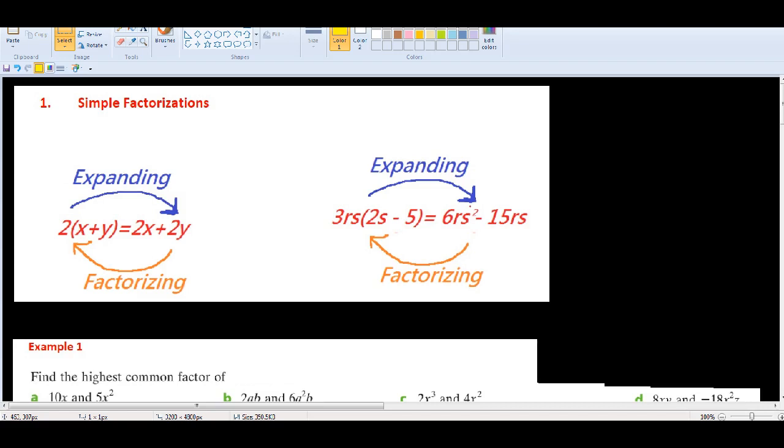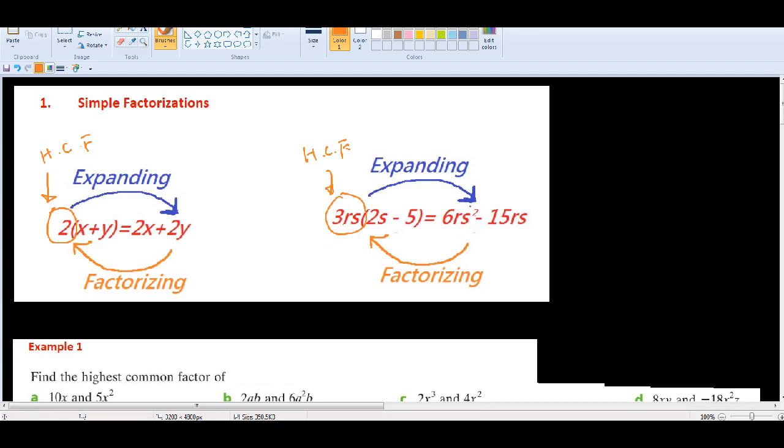The number you're taking out here is what we call the HCF of the two terms. HCF, highest common factor, right? The highest common factor of 2x and 2y.